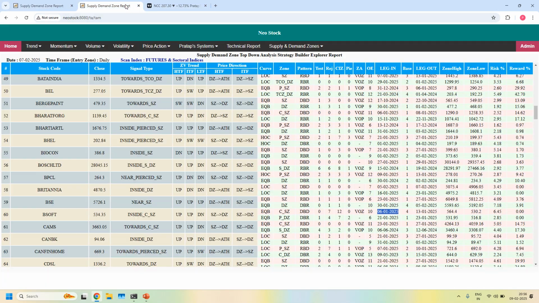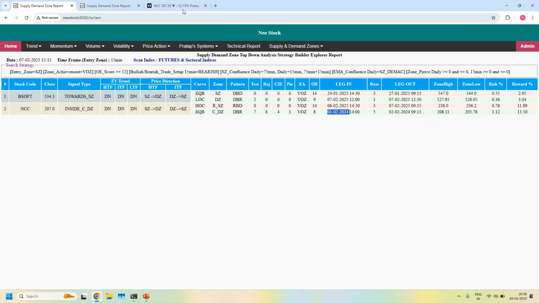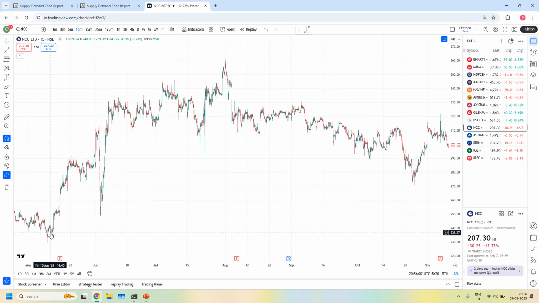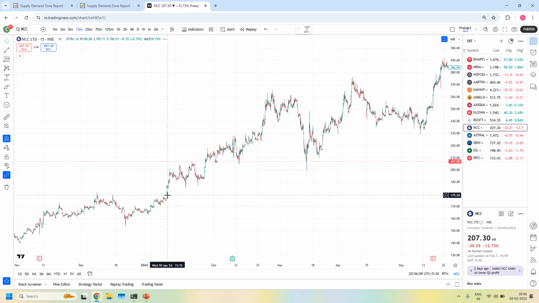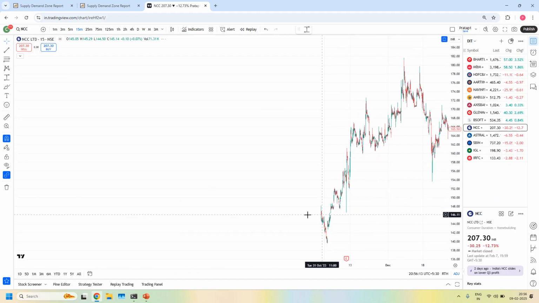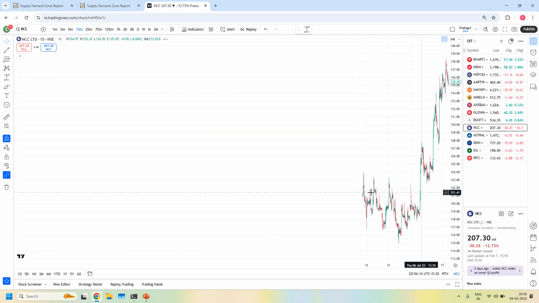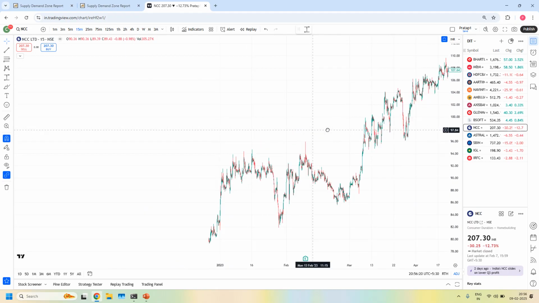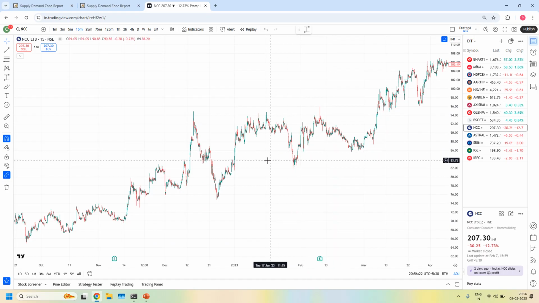That means we have to go very far back. 1st January, this is a 10th zone. First February, not January, 1st February.